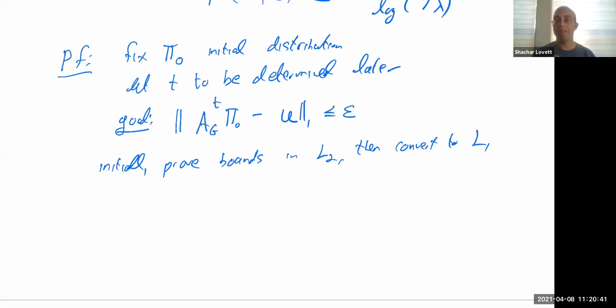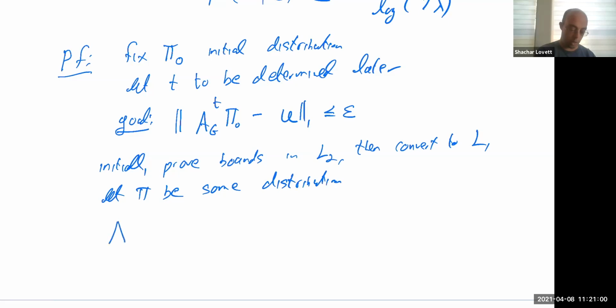So let's first ask, what would a single step do to the L2 distance? Let's choose some distribution pi, maybe pi 0, maybe something we get after some steps. Let's look at AG pi minus uniform in L2, and compare this to pi minus u in L2.